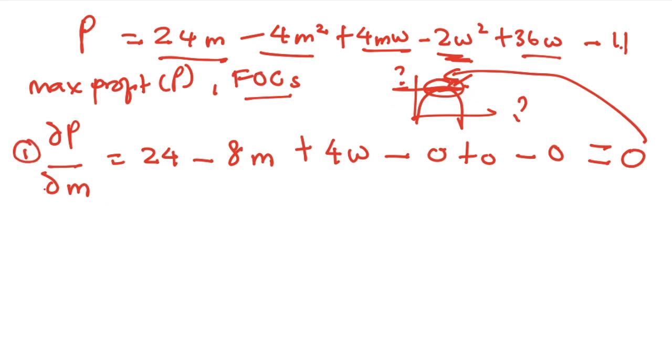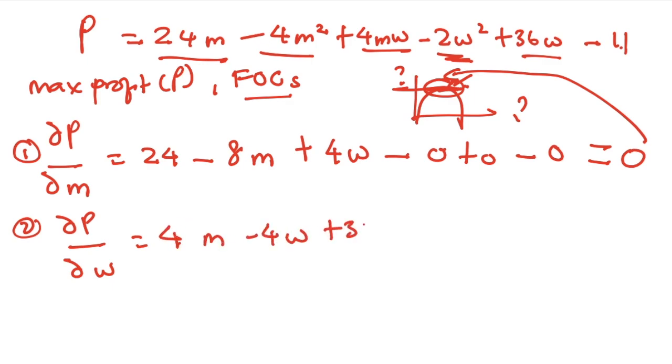So this is number 1. Number 2, you differentiate profit P with respect to W. So what do you get? 4M minus 4W plus 36. Equate it to 0. Otherwise, we don't call it FOC. We don't equate it to 0 only in the next line, like what you did in your quiz here.